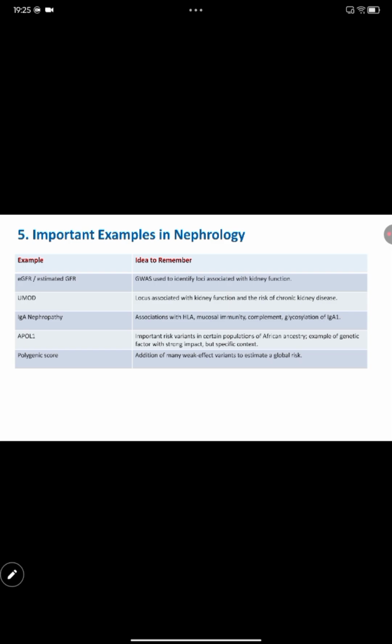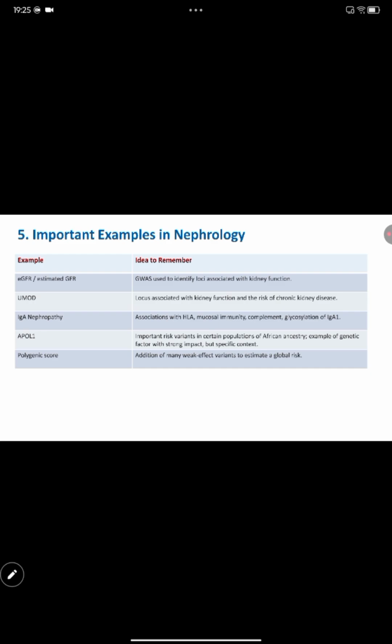In IgA nephropathy, associations have been found with HLA and mucosal immunity and complement and IgA1 glycosylation. These are just examples, and we should not forget APOL1 variants, which are important risk factors in populations of African ancestry and represent a high-impact genetic factor in a specific context.